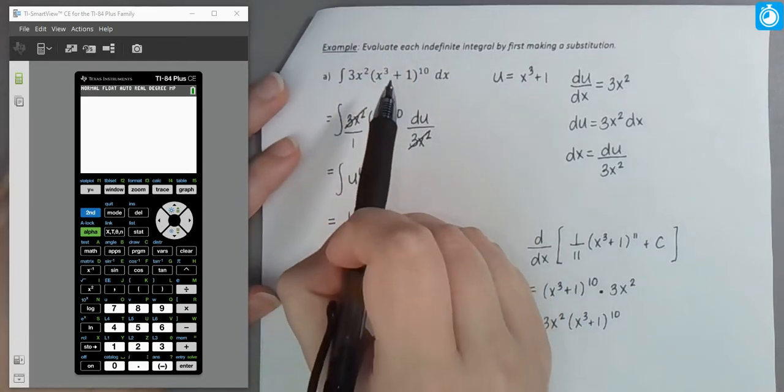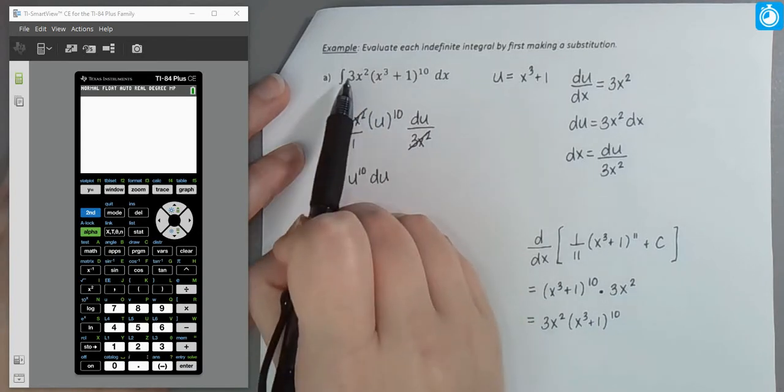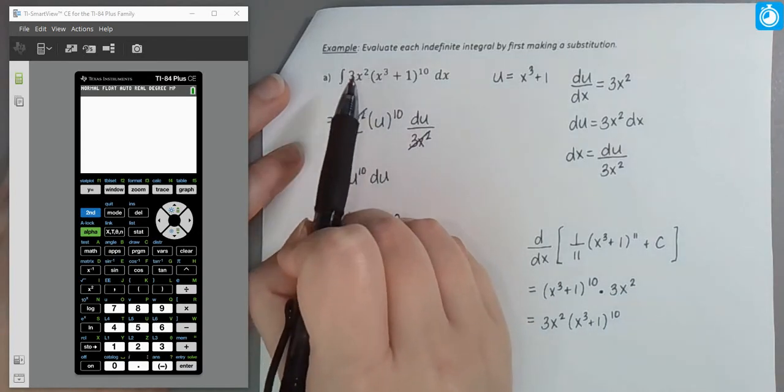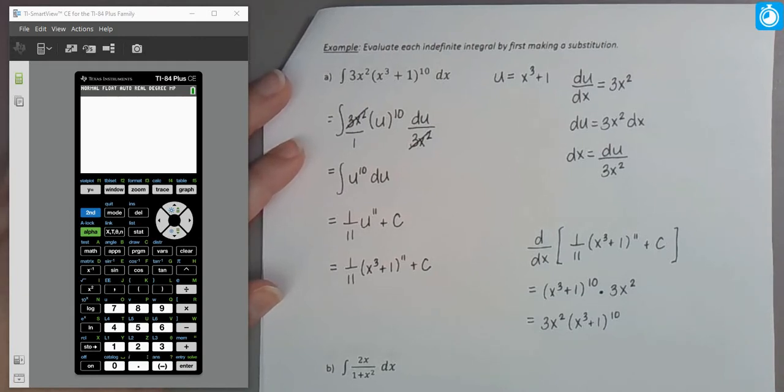And we also noticed that if we were thinking of x cubed plus 1 as our inner function, then 3x squared was the derivative of the inner function, which is important. In order to use substitution, not only do we have a nested function, but we need to also have the derivative of the inner function present in the problem.